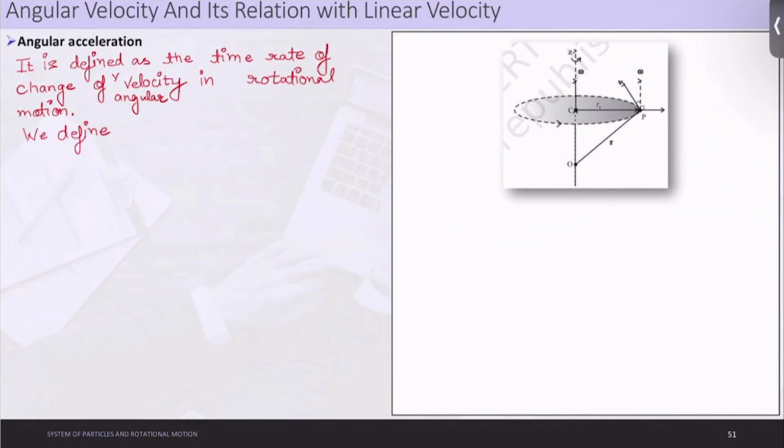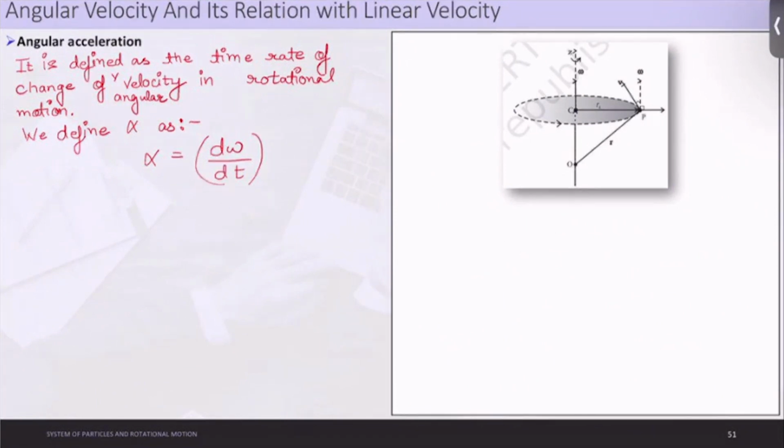So in mathematical form, alpha is equal to d omega by dt.